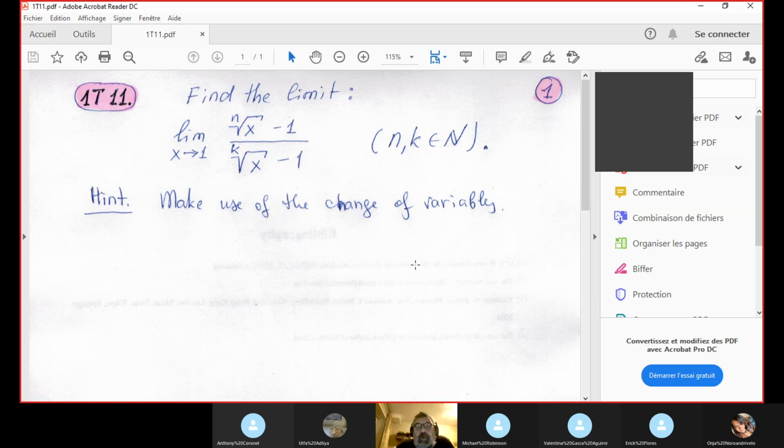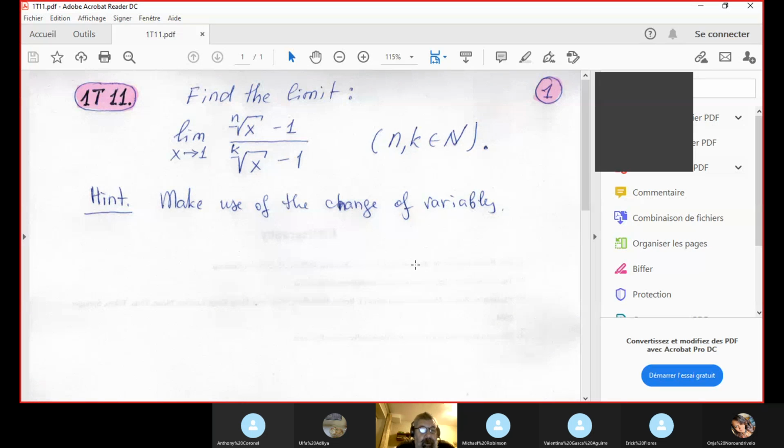Is it clear, the formulation? Yeah, everything's clear. So, during our, it seems to me, last seminar, we had a similar exercise. So you can use your notes or our files in order to have an idea.